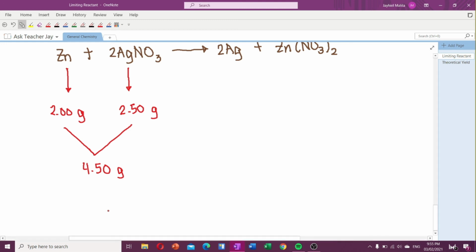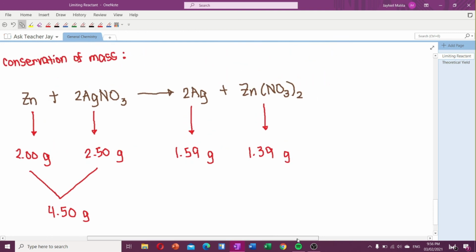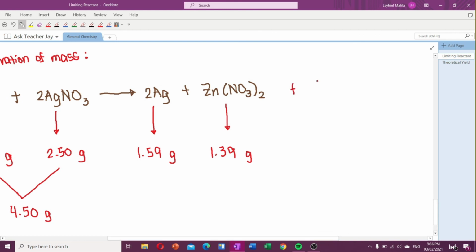Now for the values of our Ag and our zinc nitrate, let us recall. The mass we got is 1.59 grams of Ag, and for the zinc nitrate is 1.39 grams. Please take note that aside from the two products, we have an excess of zinc that we can retrieve at the end of the reaction, assuming you have the means to retrieve it.